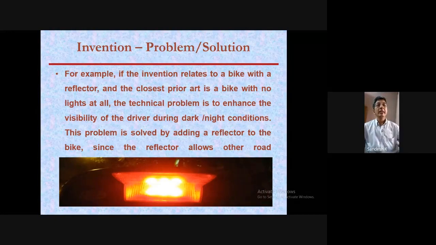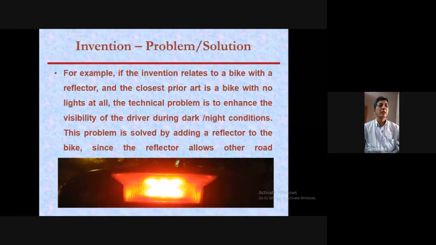One example is the bike reflector I'm giving. Maybe say 30, 40 years back it was invented. The technical problem was to enhance the visibility, but the problem was solved just by adding a reflector. So what is the purpose? Just imagine a situation without a reflector and only with a certain light.